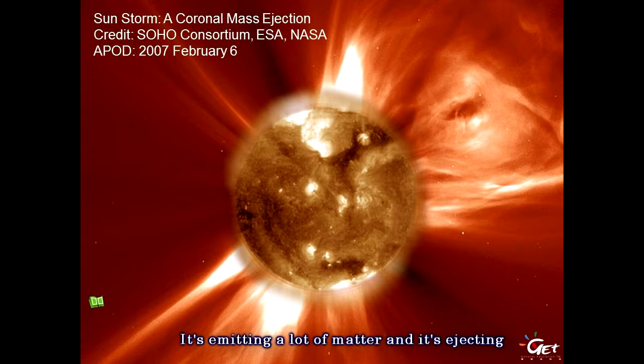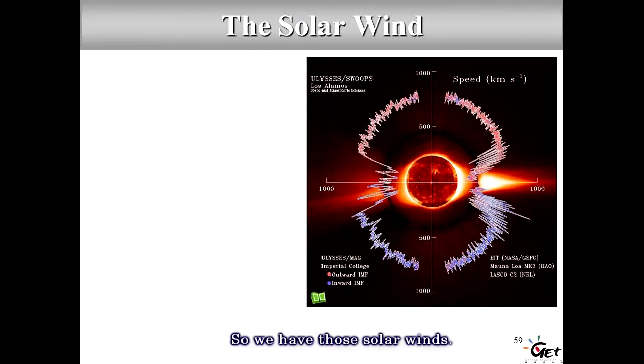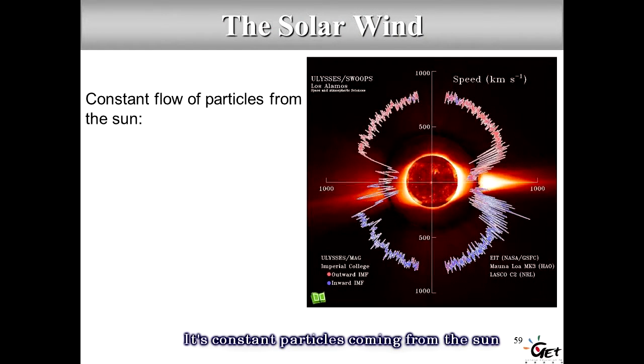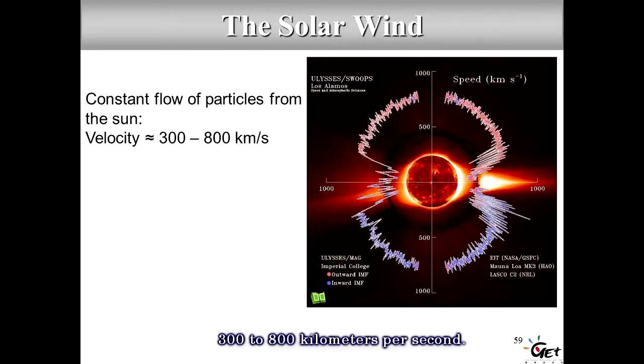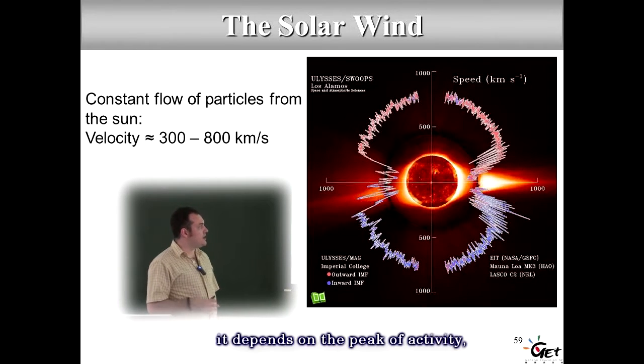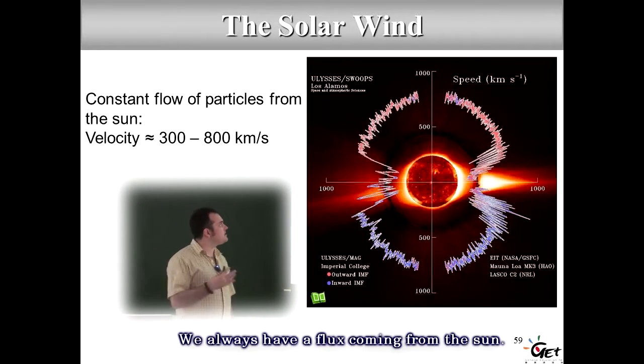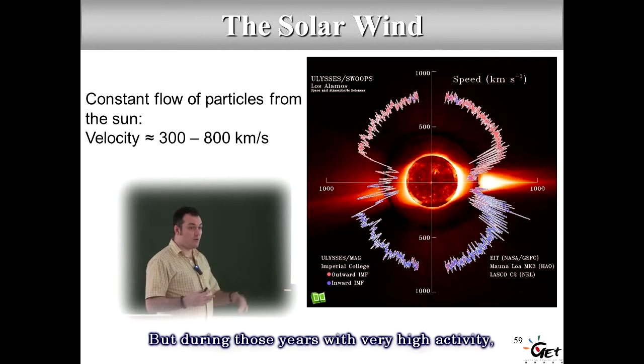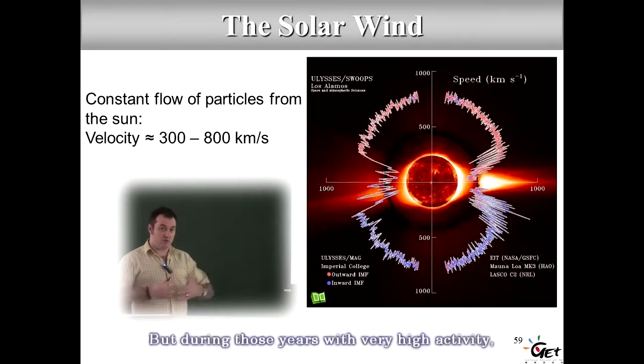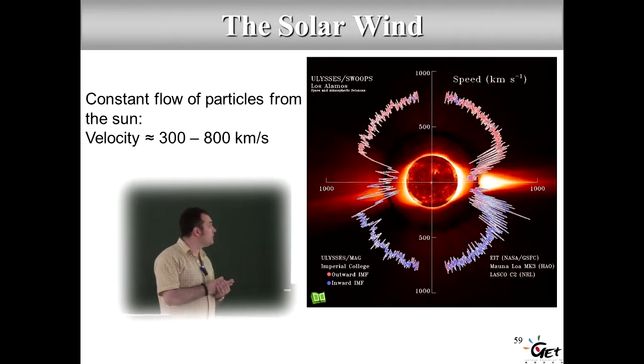And it's ejecting lots of matter into the interstellar medium. So we have those solar winds. It's a constant flow of particles coming from the sun at very high speed, 300 to 800 kilometers per second. Of course, it depends on the peak of activity, but it's constant. We always have a flux coming from the sun, but during those years with very high activity, of course, the flux is higher.